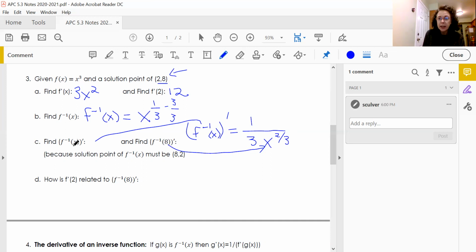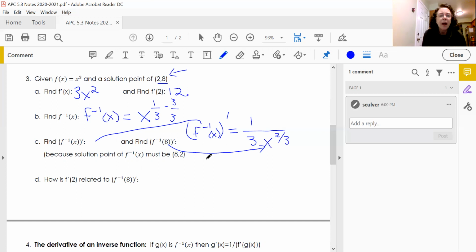And if we wrote the inverse, switching the x and the y, that means that the input for the inverse must be 8 and it outputs a 2. Notice that's true. When you put an 8 in, 8 to the 1/3 is 2, right? So that is why, because we wrote the inverse, we are evaluating at 8, the inverse point.